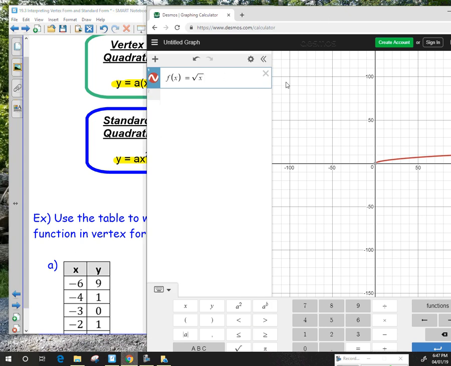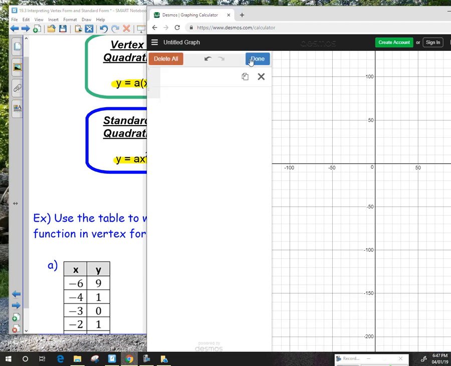I'm given a table, so I'm going to clear out the equations I did earlier. Remember how we get a table: some of you go straight to the wheel, the gear, and try to find the table there. If you can't find it, that's when I give you an equation and we pull up the table, but you also have the option of the plus sign to pull up the table.